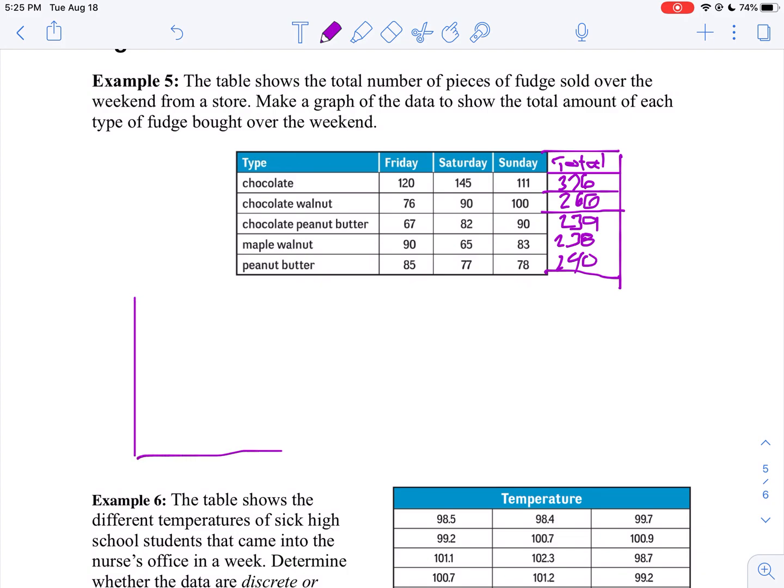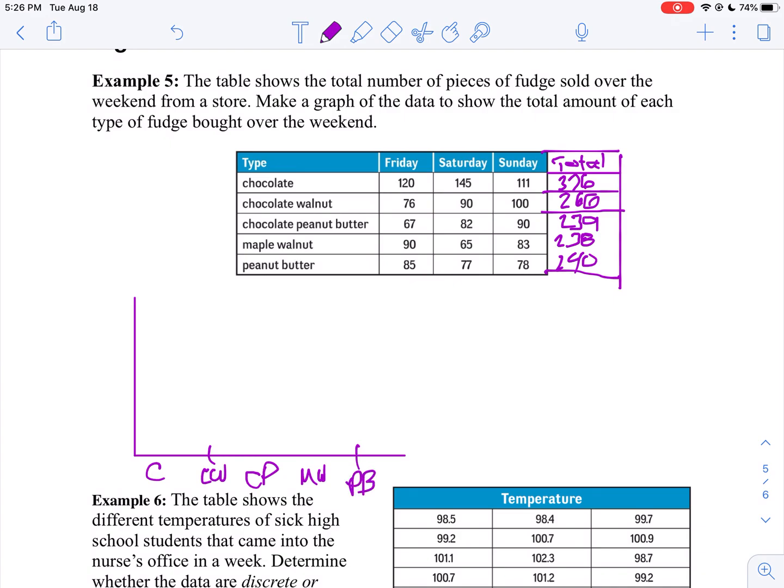So we're going to make our bar graph. We're going to put chocolate for 1 bar. And then chocolate walnut will be the next one. And then we'll have chocolate peanut butter, maple walnut, and peanut butter.